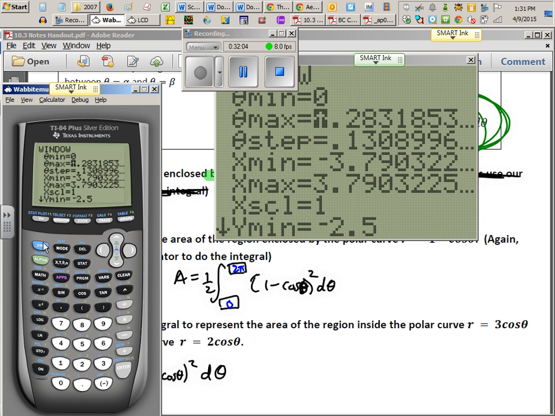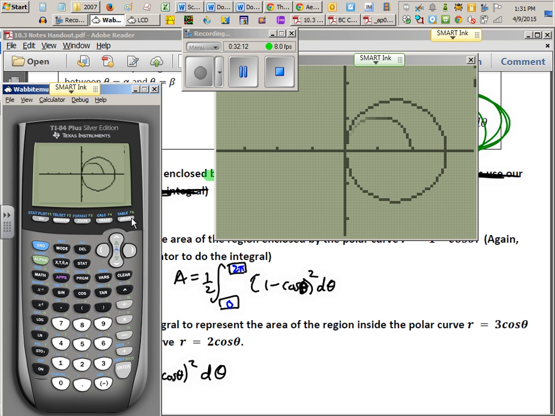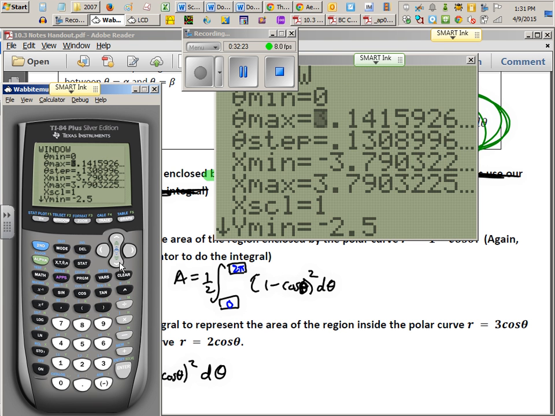No. Watch what happens when I change 0 to 2 pi to 0 to pi. You think I'll get the whole image? Okay, I almost put 2 pi for my limits of integration. But even 0 to pi gives me this full graph. Just for kicks, let's try 0 to pi over 2. See if that gives us a full graph.